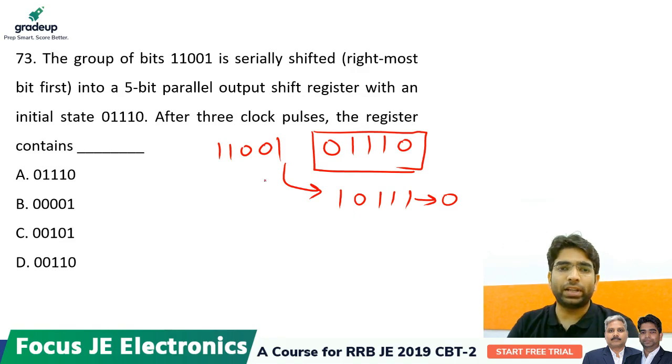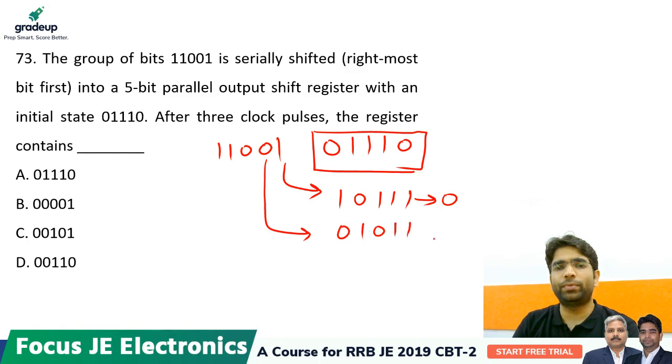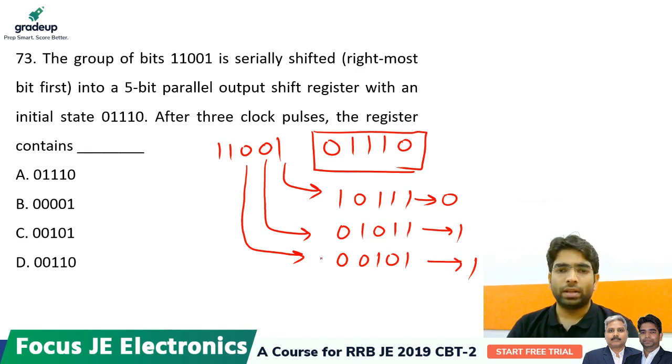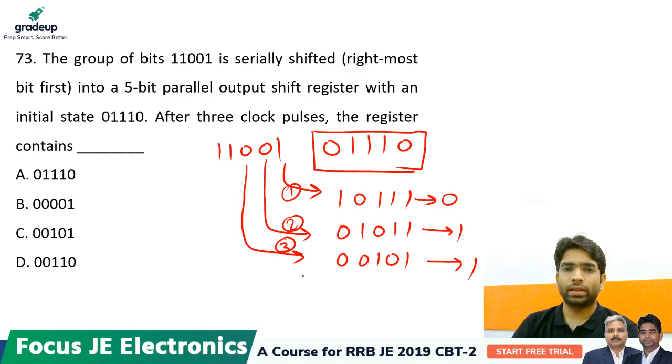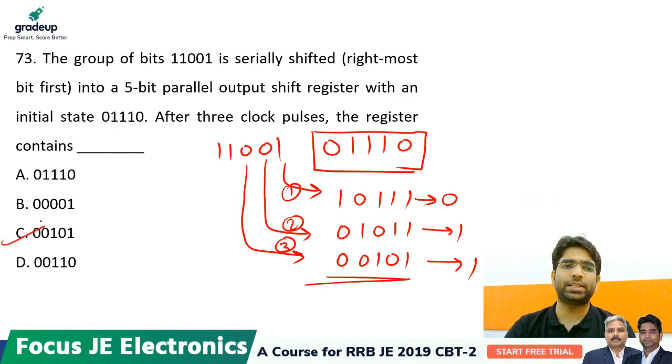For the next clock pulse, it will be 0 1 0 1 1, and again a 1 will be thrown out. Again this 0 will be coming in. It will be 0 0 1 0 1, and again a 1 will be out. So it is clock 1, clock 2, clock 3. So the answer will be C.